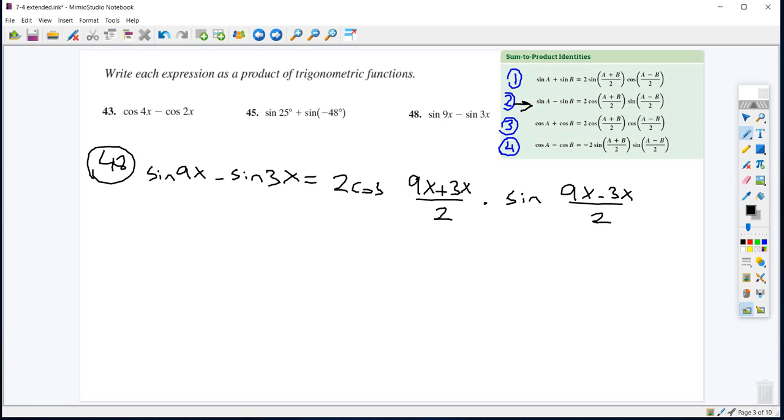We use the second formula. 9x plus 3x over 2, 9x minus 3x over 2, which will yield 2 cosine 6x times sine 3x. That's it. So this is how we can use the sum to product formulas. That's how it is. Alright.